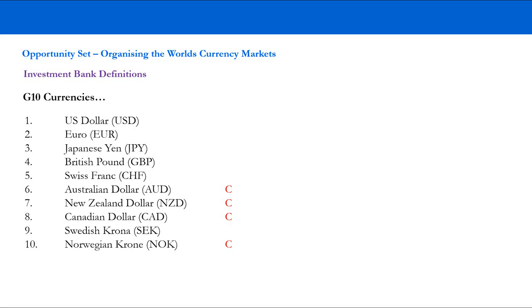So we've marked the currencies within the G10 with a C because the value of their currency is very heavily dependent on the price of international commodities. So just 1 or 2 particular commodities.